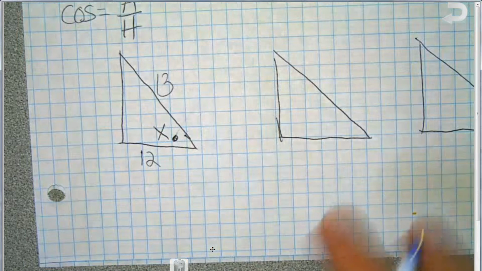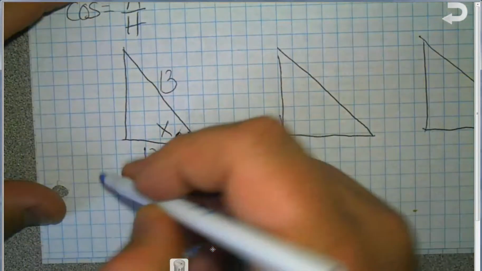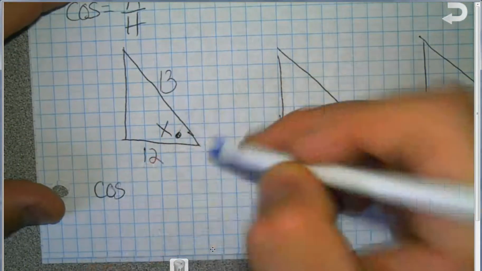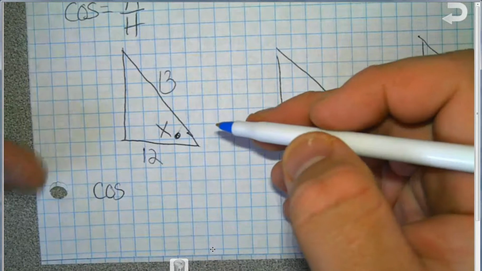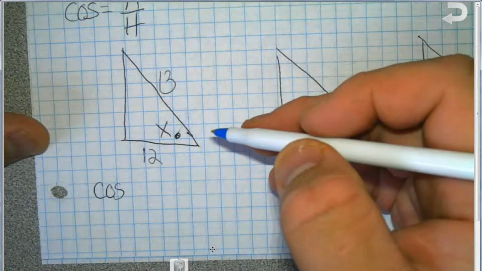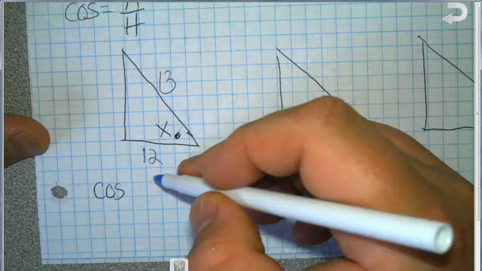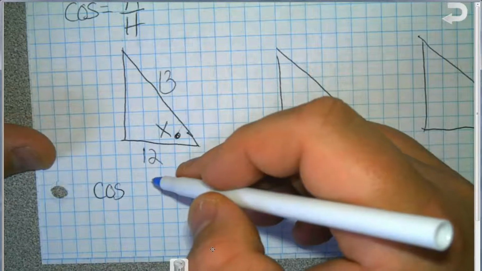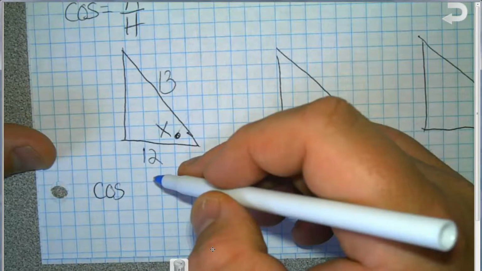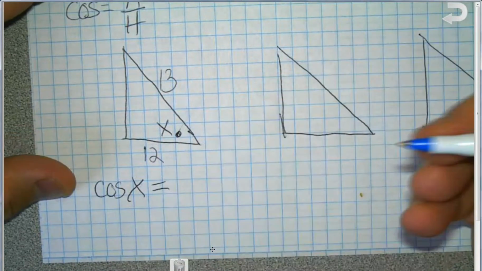So again, let's set up our ratio. The cosine of what at this point? What goes next to the cosine? The angle, right? So what's our angle? X. The cosine of x is equal to what?